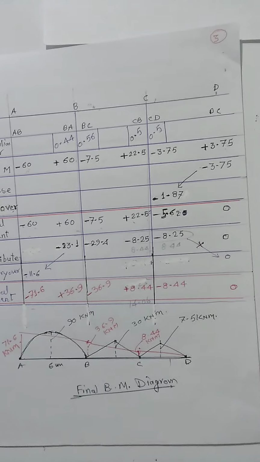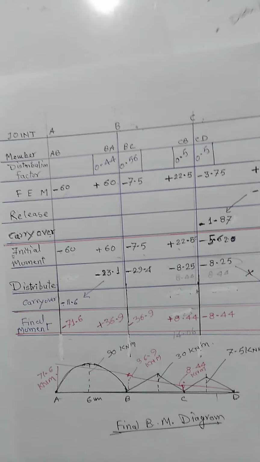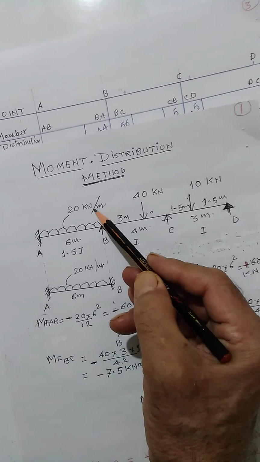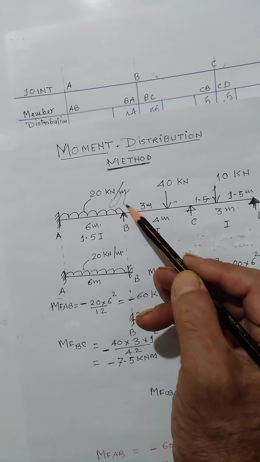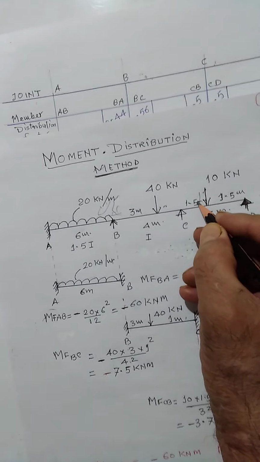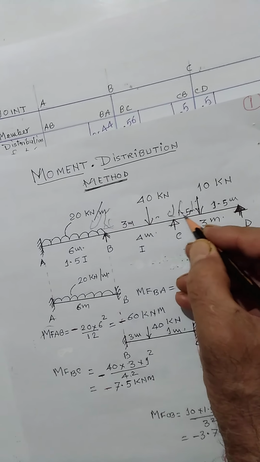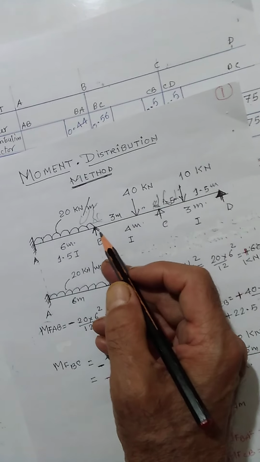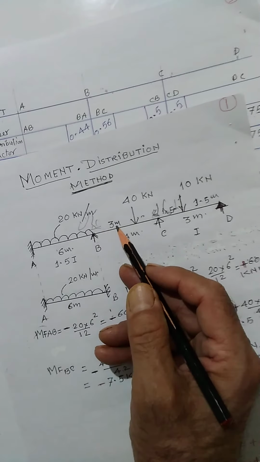But one thing we have to know: when we are talking of the moment at any point over here, suppose I am talking about this B, the moment at this must be equal to the moment of this. So we have to make the calculation in such a manner that the moment for BA must be equal to BC.